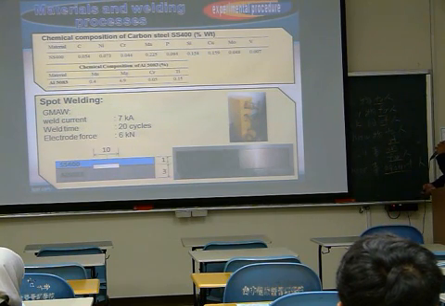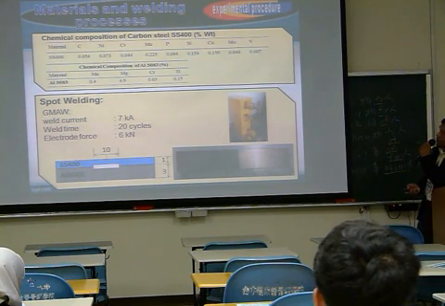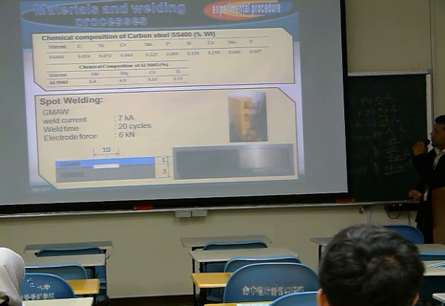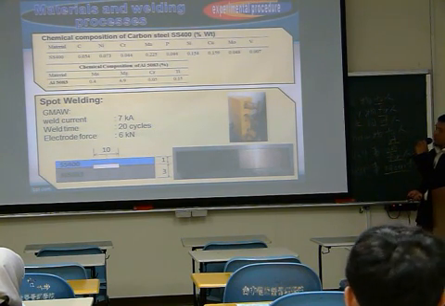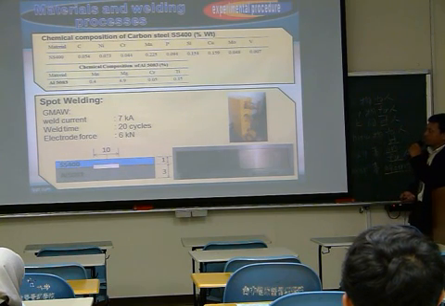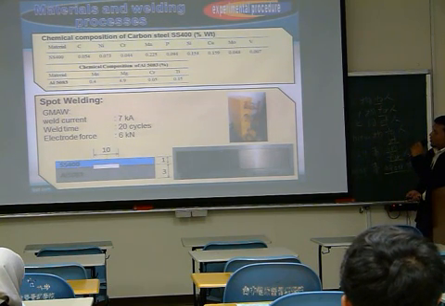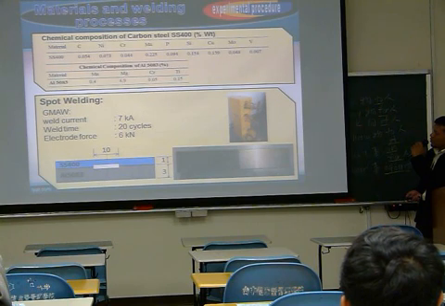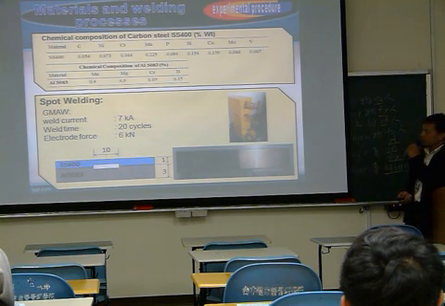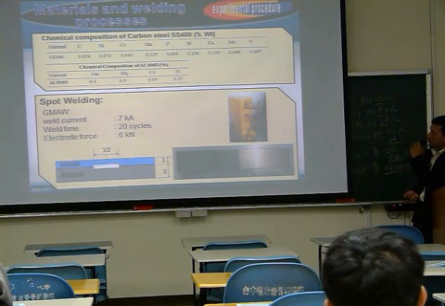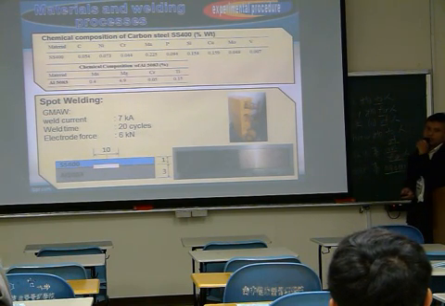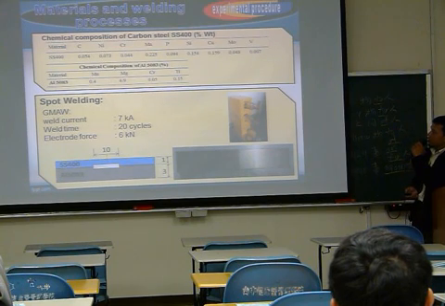Okay, the material and welding processes are like this. The chemical composition of steel SS400: carbon content is 0.054. And the chemical composition of aluminum, because this one is 5 series, the main alloy is magnesium.